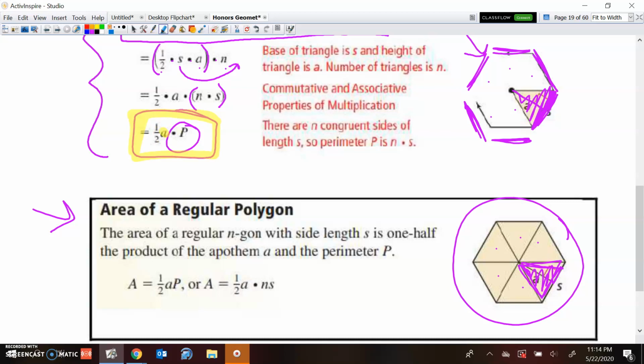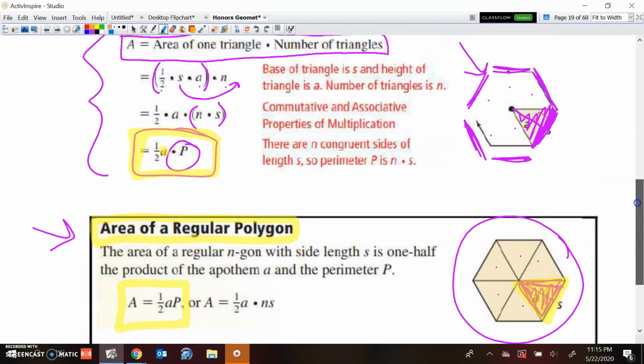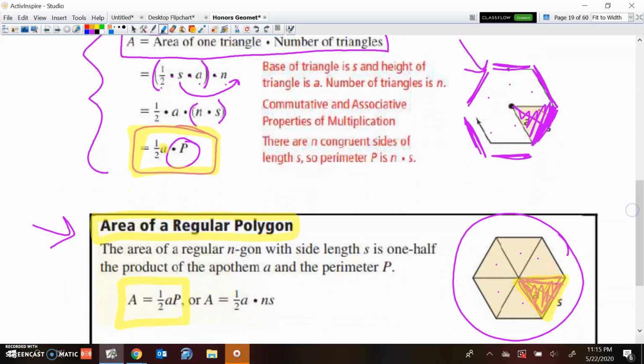So you can use either one, and we're going to work through both scenarios in the problems coming up. They give us the actual area of a polygon. They write it as 1/2 of the apothem times the perimeter, or you can do the area of a triangle times how many triangles you have, or this one that they're showing here is actually just this one here.